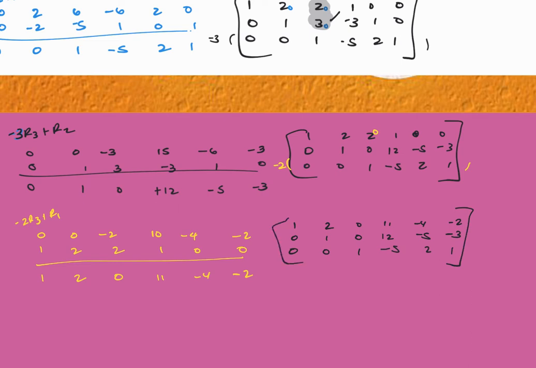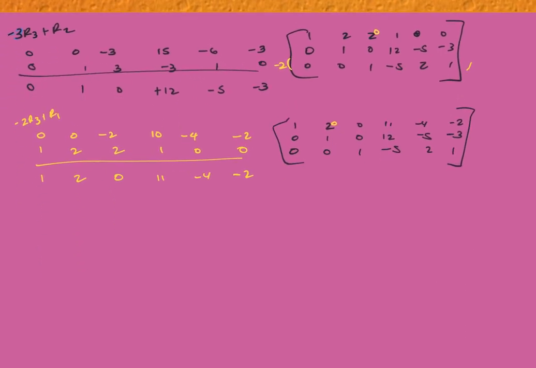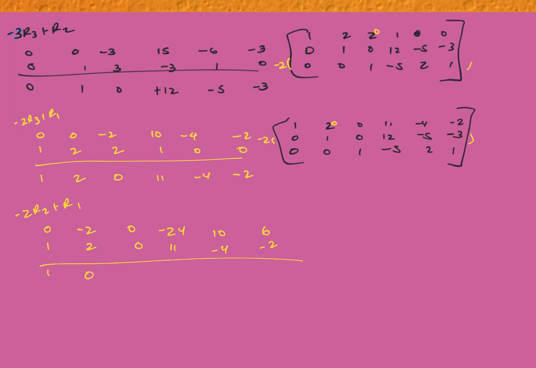And the last 0, I have to get where the 2 is. You have to use row 2. Negative 2, row 2 plus row 1. 0, negative 2, 0, negative 24, positive 10, positive 6. 1, 0, 0, negative 13, positive 6, positive 4.